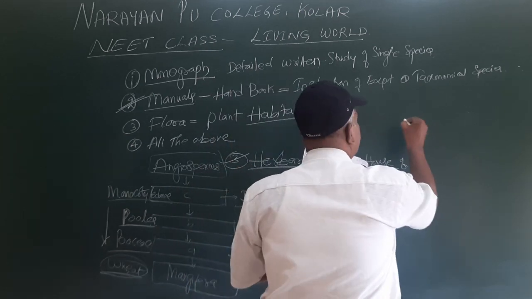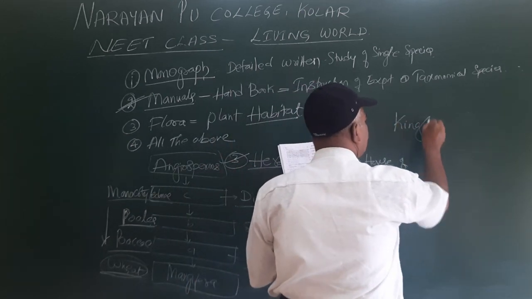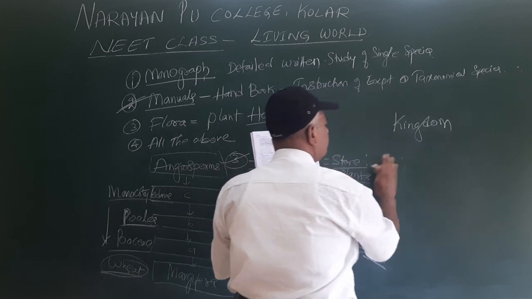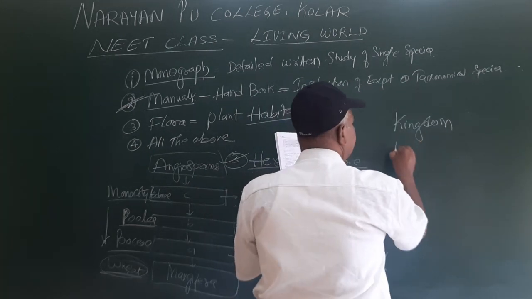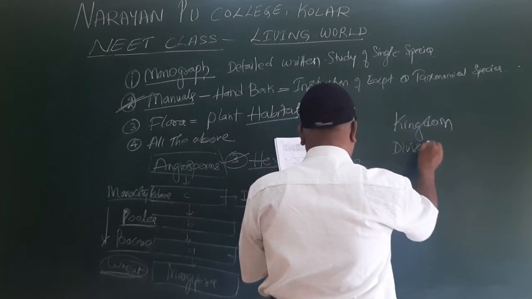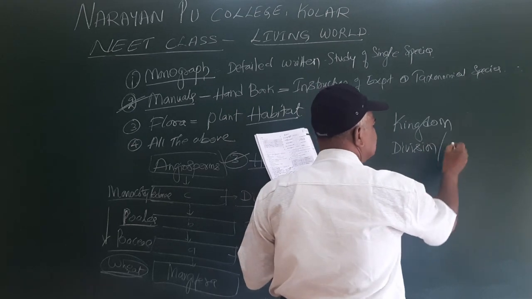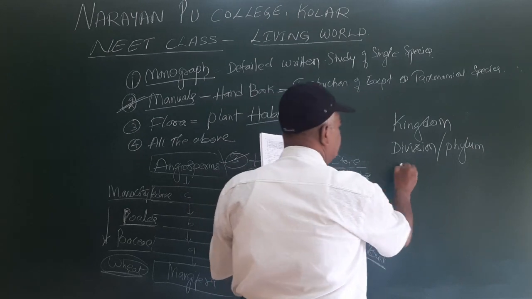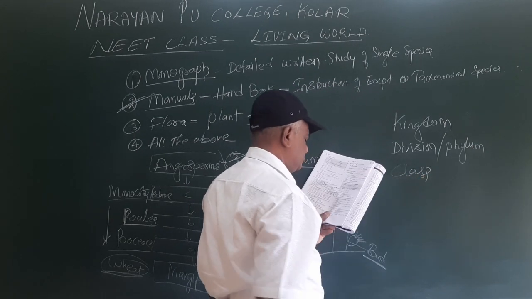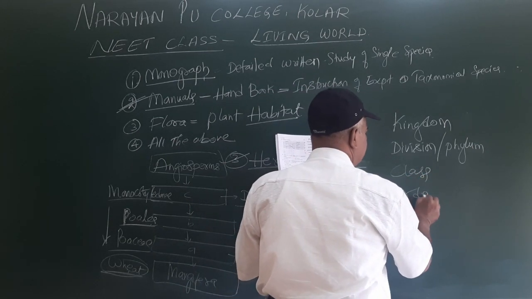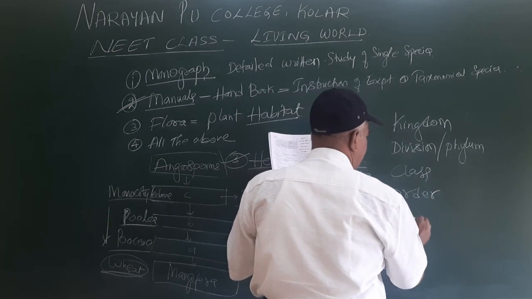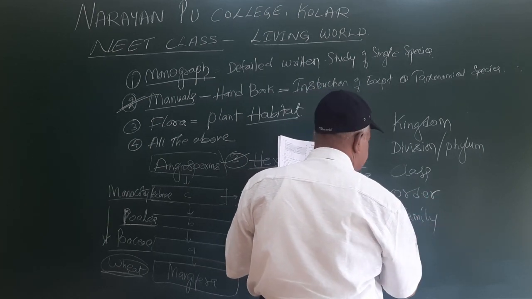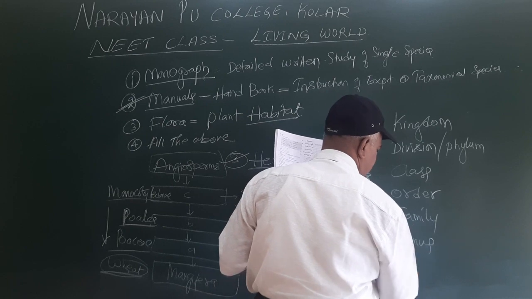So we know that there is the presence of kingdom. The kingdom is followed by division, whereas in animals we use the word phylum. The phylum is continued with class, and it is continued with order and family, genus and species.